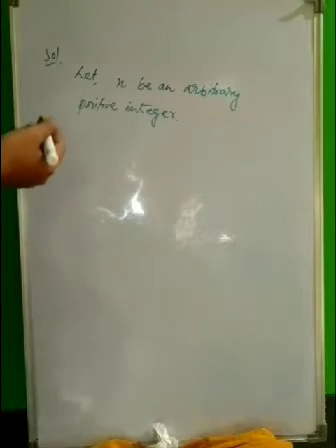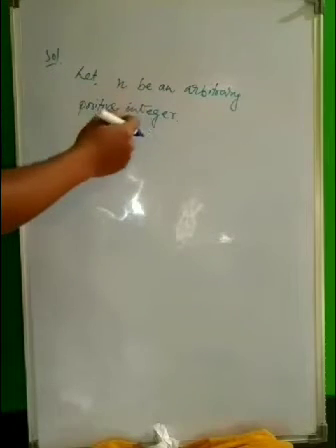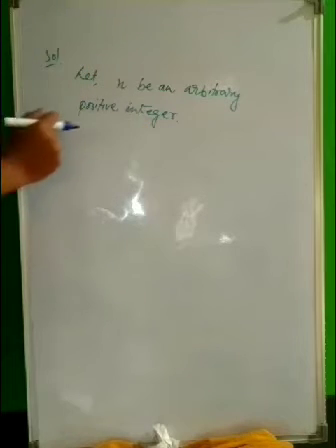We don't have a dividend in the question, so I have taken n as a dividend, and that dividend should be a positive integer.